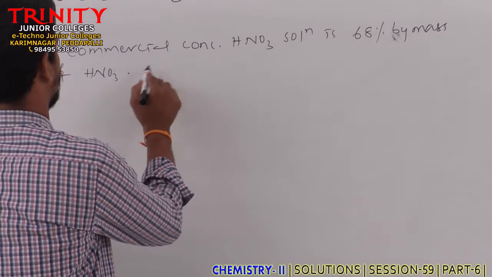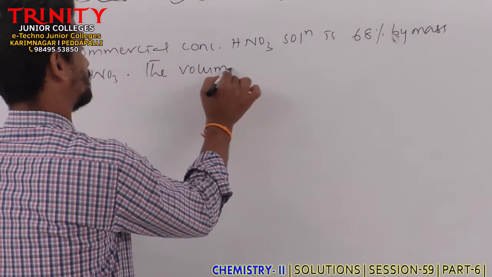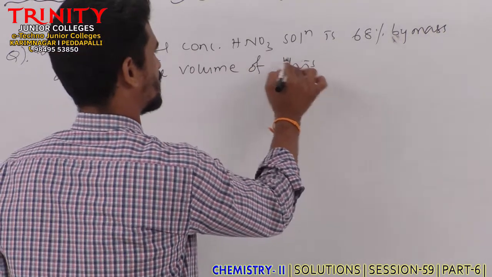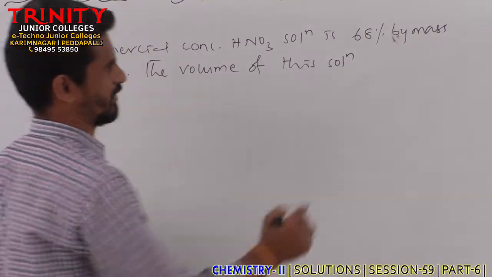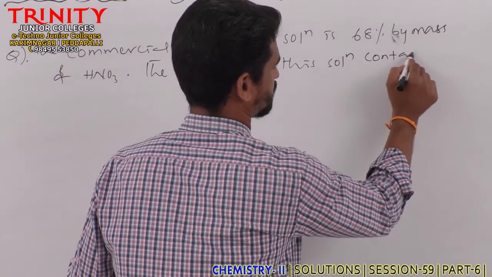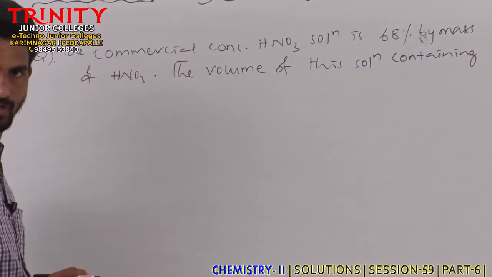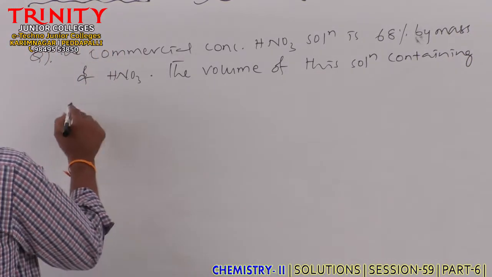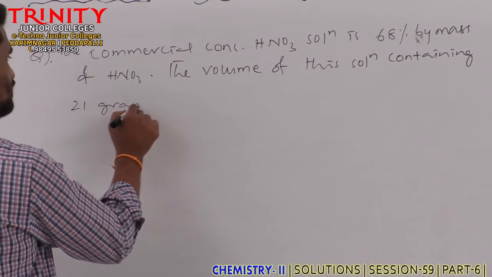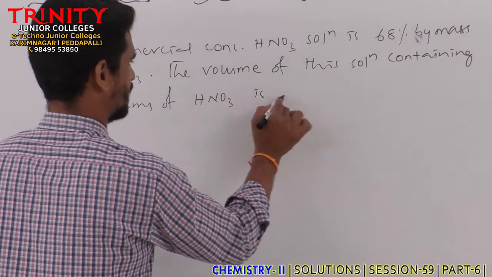Then the volume of this solution containing 21 grams of HNO3 is dash.